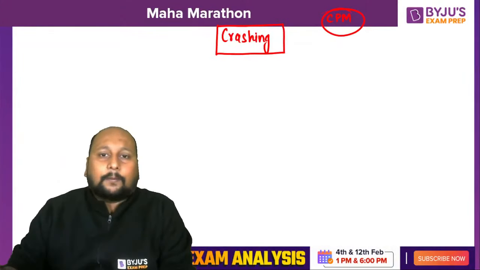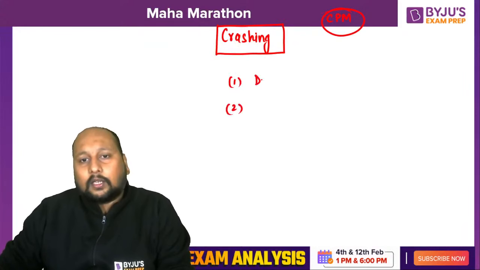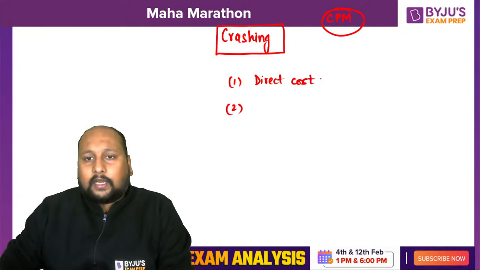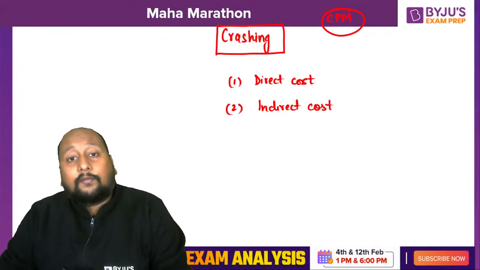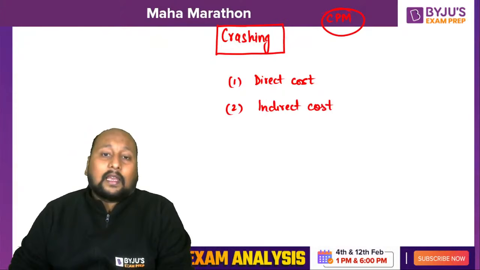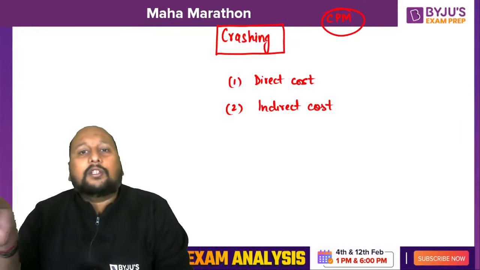Now, what is crashing? Now, what we are doing is we are defining two very important costs: direct cost and indirect cost. So what is the difference between direct and indirect? Direct cost is basically those costs in which if you are increasing or decreasing the resources, its time of completion will be directly affected.